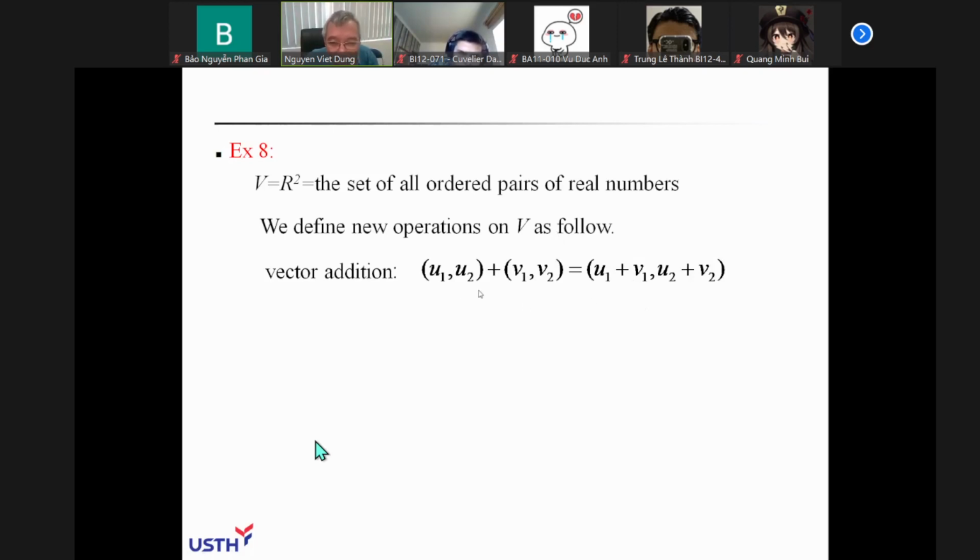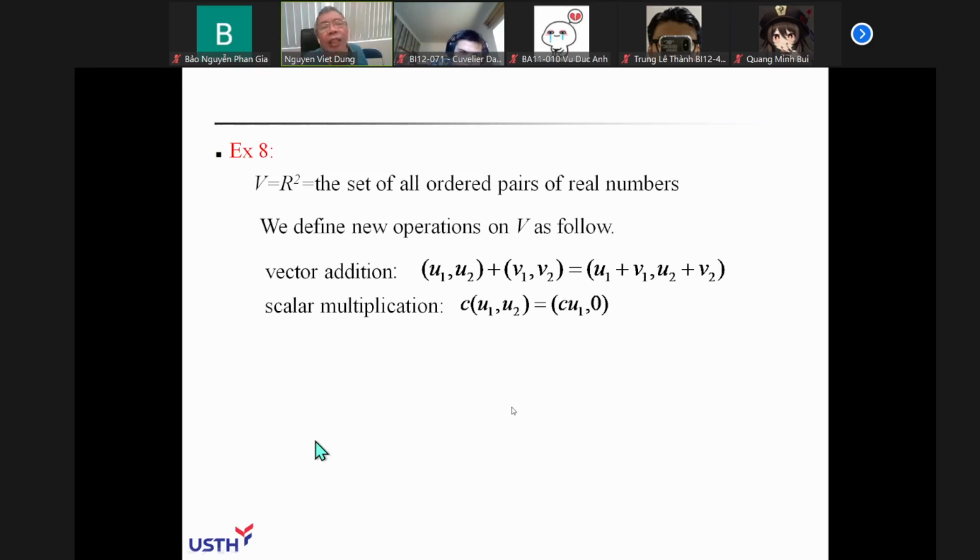The addition is exactly the standard one: (u1, u2) plus (v1, v2) equals (u1 plus v1, u2 plus v2). But now we define a new scalar multiplication. Suppose we are given (u1, u2), then its multiplication by a scalar c is (c u1, 0). That is a new operation. I call it scalar multiplication.